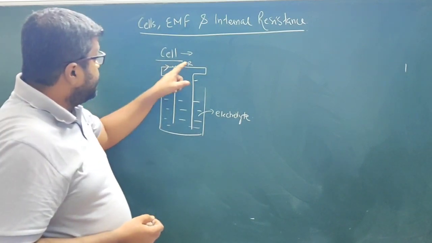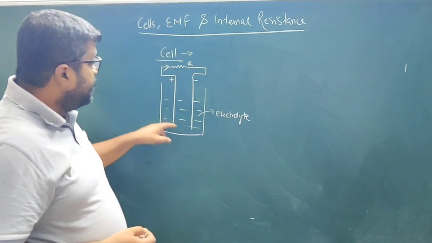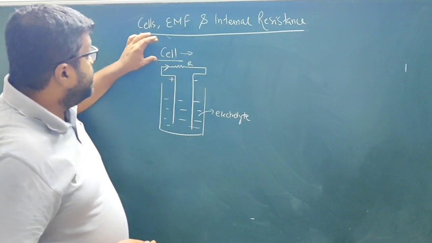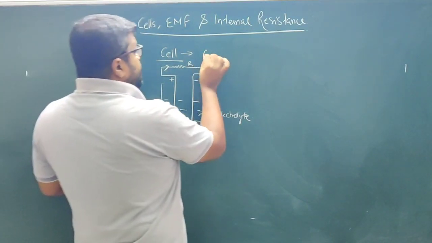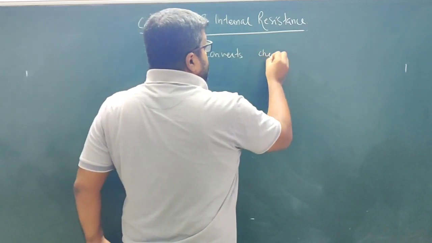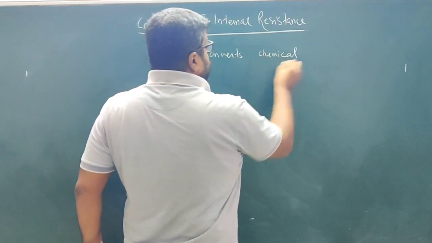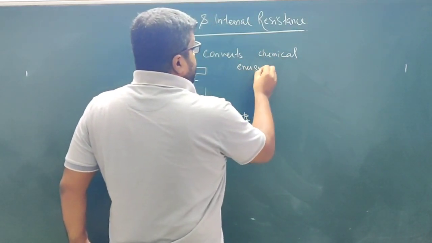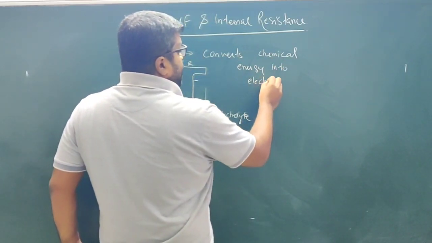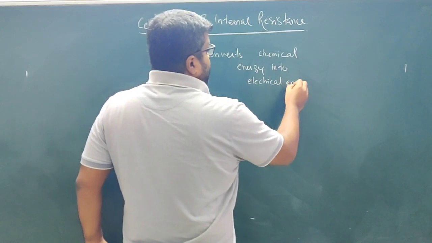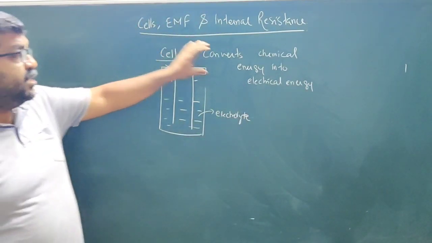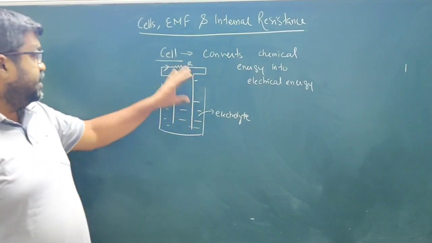So the energy which is flowing in the circuit is because of the chemical reaction taking place in the cell. That means a cell is a device which converts chemical energy into electrical energy. So this is the basic definition of a cell.